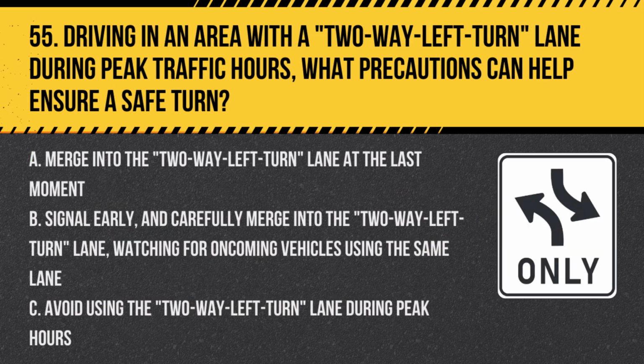Question 55. Driving in an area with a two-way left turn lane during peak traffic hours, what precautions can help ensure a safe turn? A. Merge into the two-way left turn lane at the last moment. B. Signal early and carefully merge into the two-way left turn lane, watching for oncoming vehicles using the same lane. C. Avoid using the two-way left turn lane during peak hours.